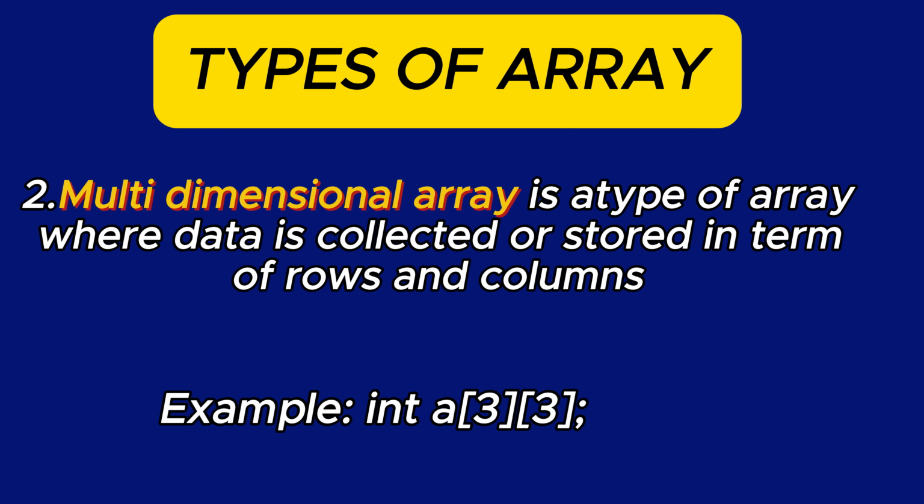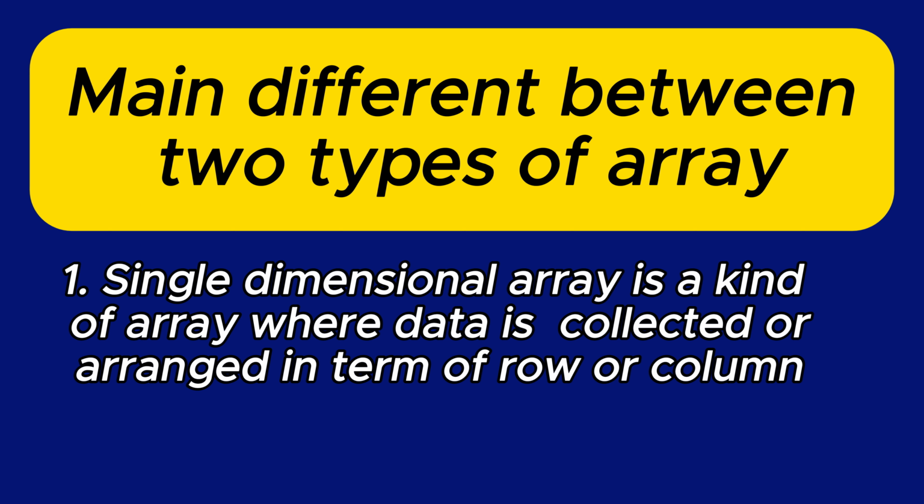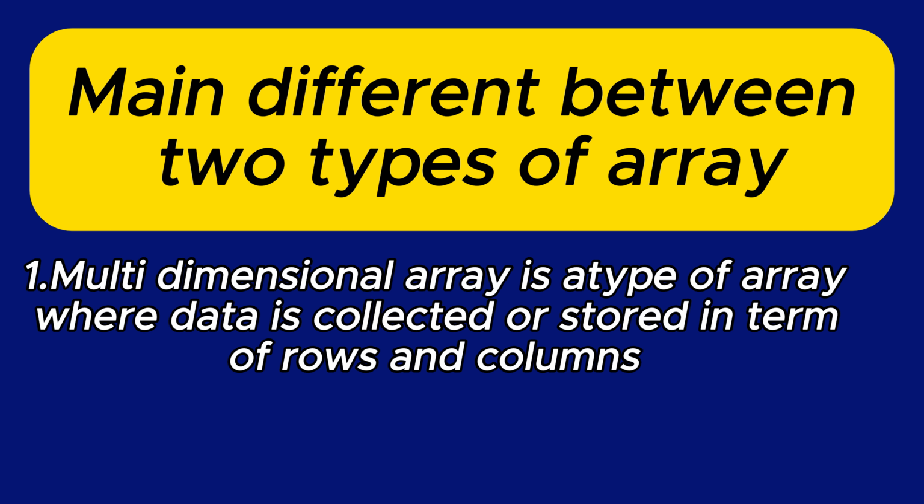So those are the two main types of array we have in C++. In simple words, the main difference between the two types is this: for a single dimensional array, data are collected in terms of row or column, while in a multi-dimensional array, data are collected in terms of rows and columns, or in terms of a matrix or table.